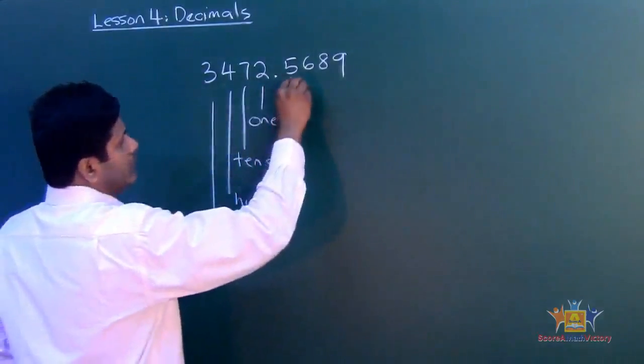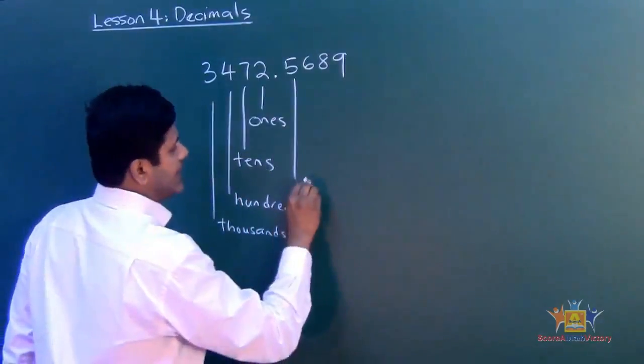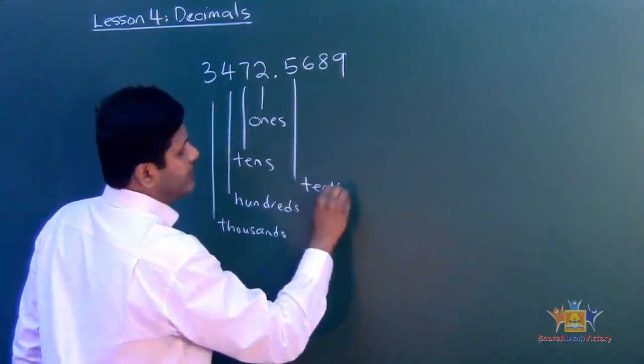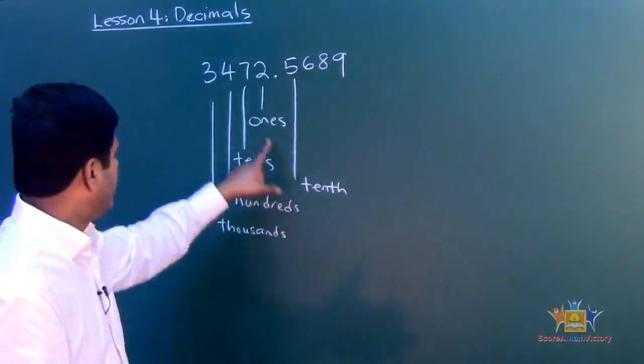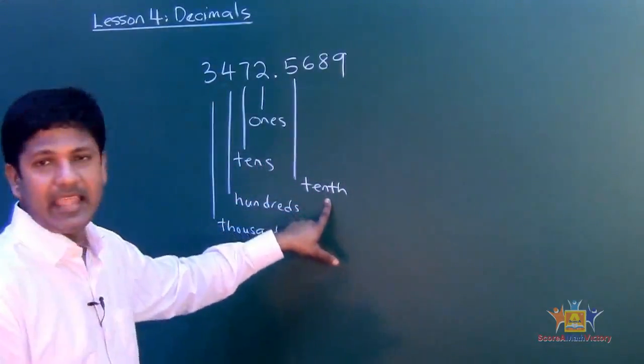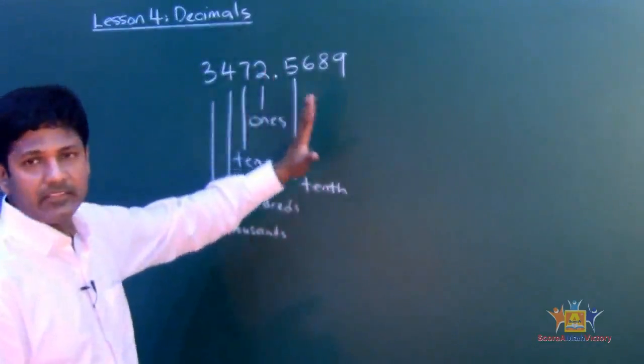With the decimal, let's start with this one. That one is the tenth family. See the word tenth? Look at the difference between tens and tenth. In the tenth family, there's no ones. On a decimal, there's no ones.